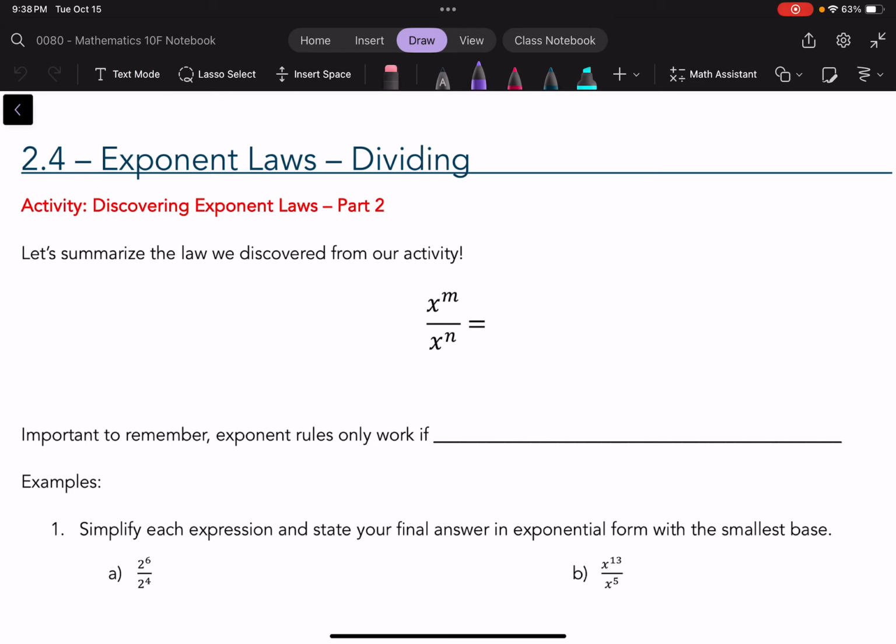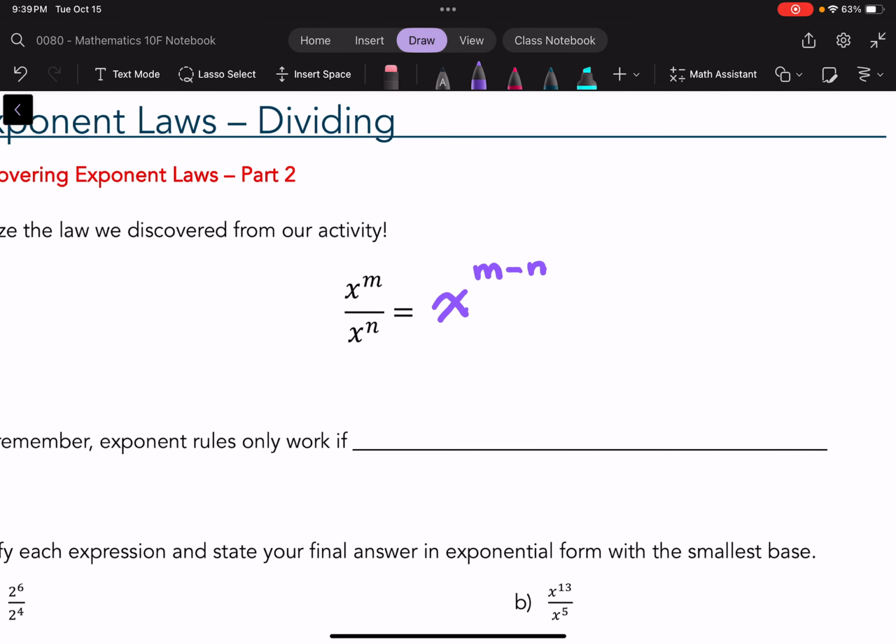So if I have x to the power of m, which is just a representation of what could be at the top, divided by x to the power of n, noticing they have the same base, I simply end up with the exact same base, but subtract the top exponent by the bottom exponent. Okay? Now, of course, x, m, and n are all just placeholders for numbers, right?